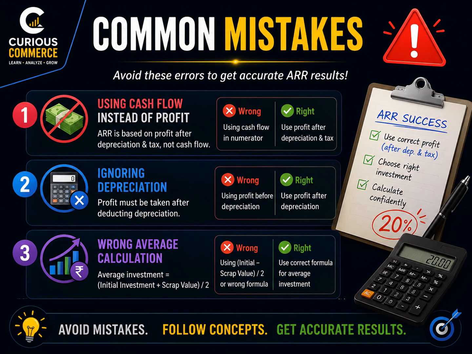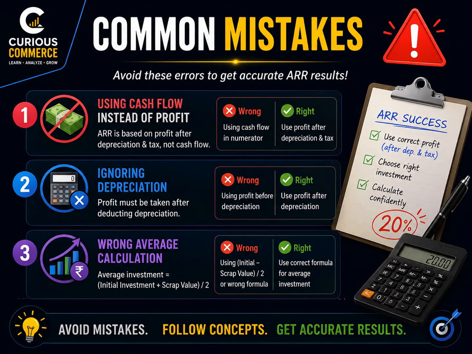Now the common mistakes. Mistake number one, using cash flow instead of accounting profit. Remember, ARR uses accounting profits only. Second mistake, ignoring depreciation. Depreciation must be deducted from the cash flows.